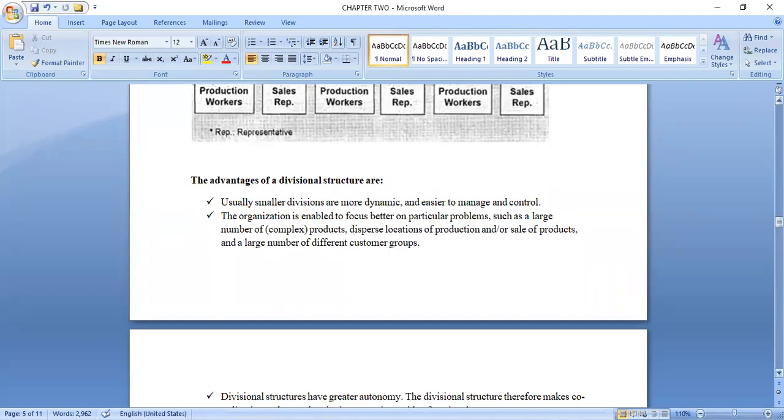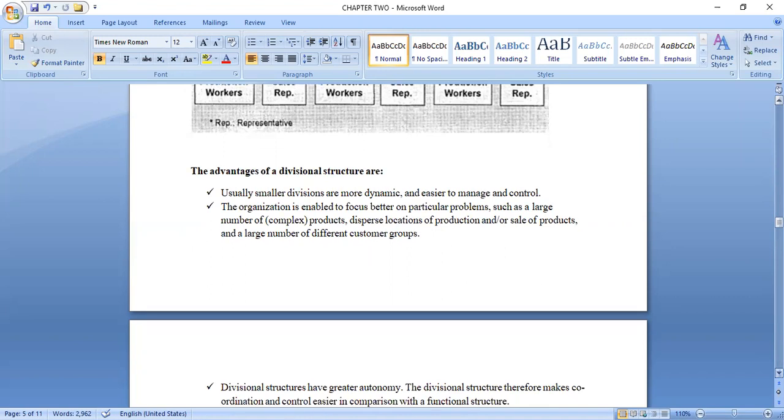The complexity of, for example, these many branches, each branch having a manager, helps the organization to control these different branches, right? And then at the end of the day, these divisional organization structures help in solving a number of problems of an organization, despite the complexity.